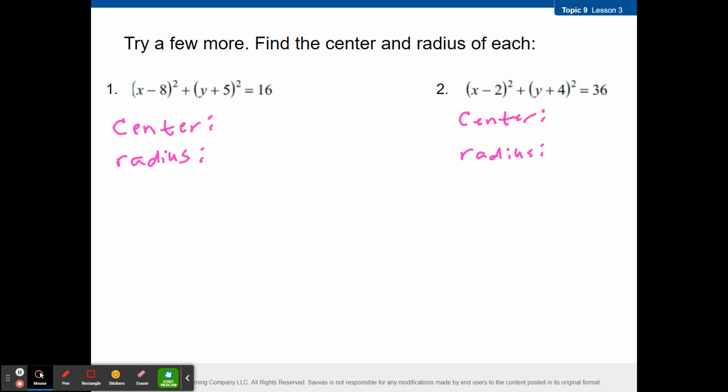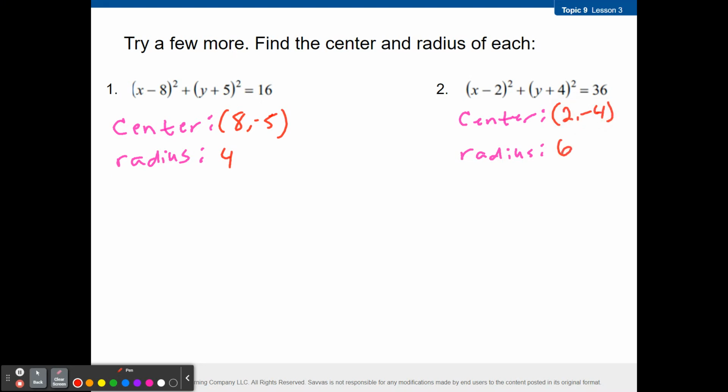Center and radius for number one. Let's do it that way. Tony? 8, -5. Very good. 8, -5. Radius is 4. Very good. And how about for number two? Go ahead, Tony. 2, -4. Okay. 6. Perfect.